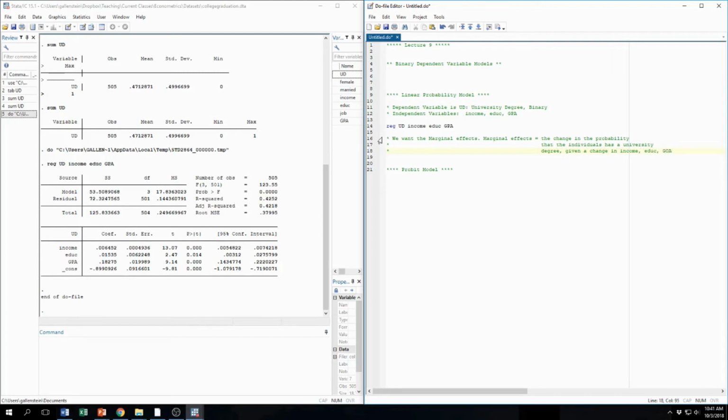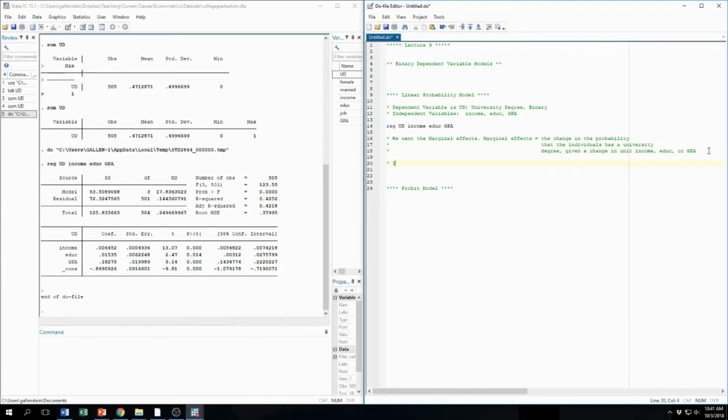So what is the change? The marginal effect is the change in the probability that the individual has a university degree given a unit change in income, education, or GPA. All right, that's what we want to know. We want to know those marginal effects.